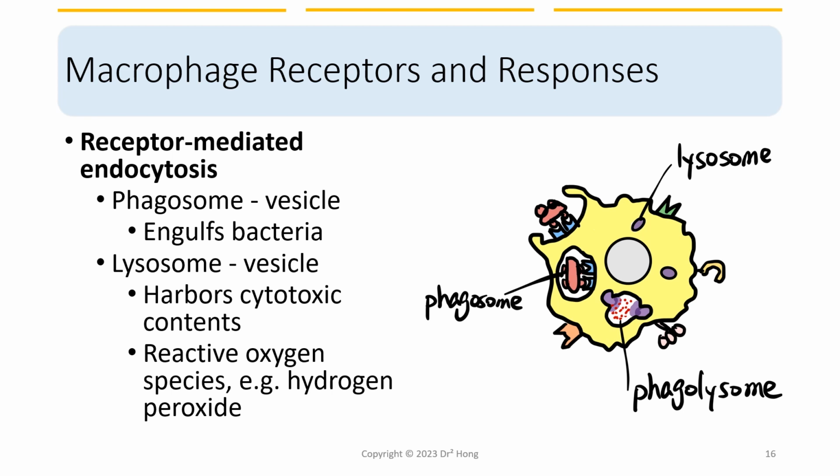It will also later fuse with lysosomes, which contain cytotoxic contents such as reactive oxygen species like hydrogen peroxide that can help to destroy the bacteria that is engulfed and encapsulated in the phagosome.